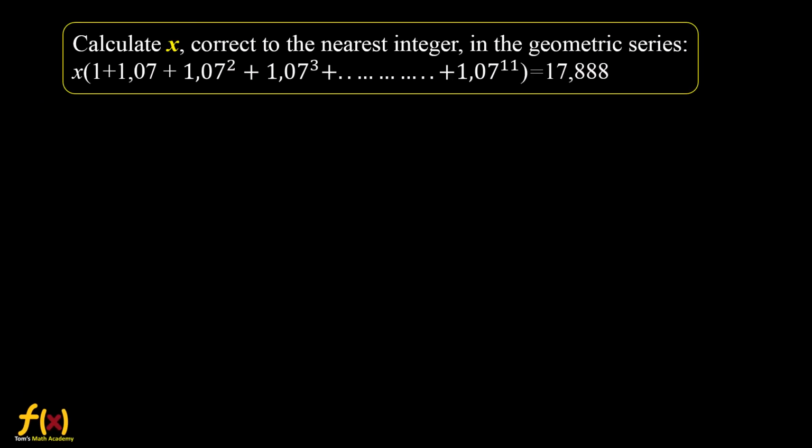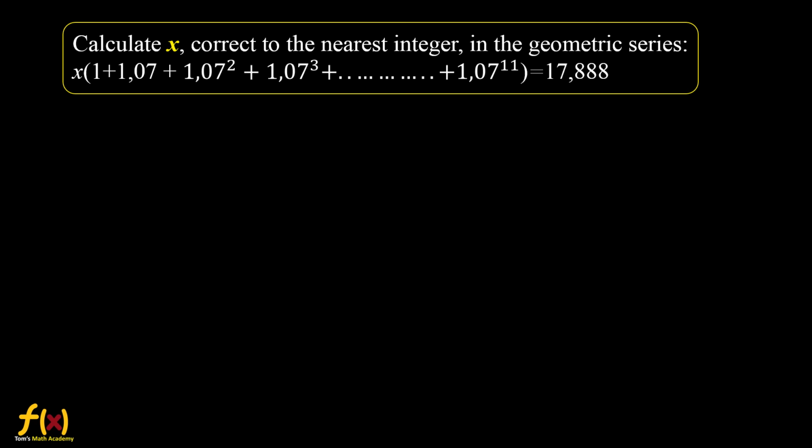Calculate X correct to the nearest integer in the geometric series. Look at that question. X times 1 plus 1 comma 0 7 plus 1 comma 0 7 square geometric series is equal to 17 comma 888.